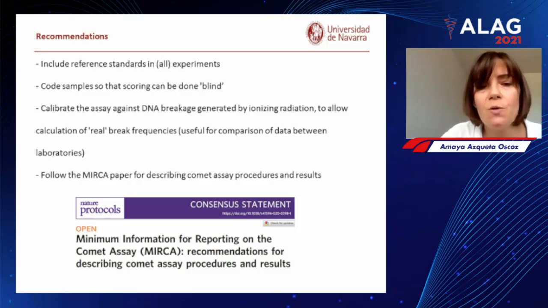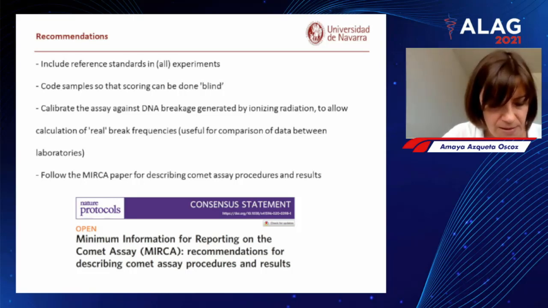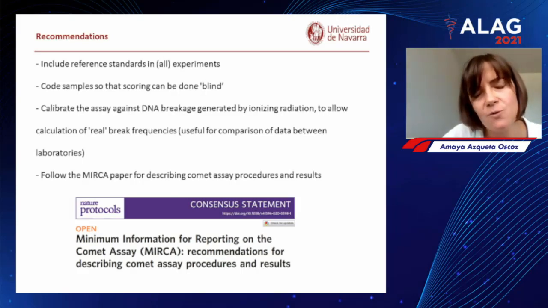It's published in Nature Protocols, but it's open access. And it's good when you have to read a paper in which the Comet assay is described. If it is well described, you can even guess the sensitivity of the assay that they use. And you can even make comparisons with your data or with other data.